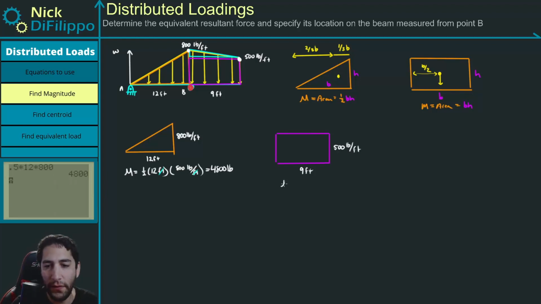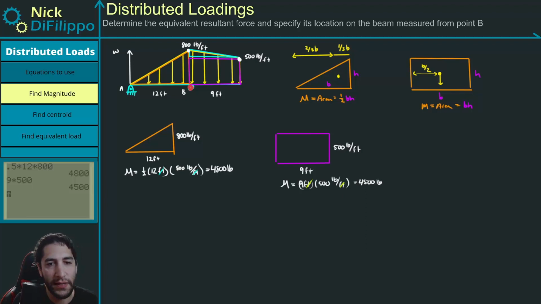So the magnitude is going to be 9 feet times 500 pounds per foot. Again, my feet are going to cancel out. And this is going to be equal to 9 times 500. So it's going to be 4,500 pounds.